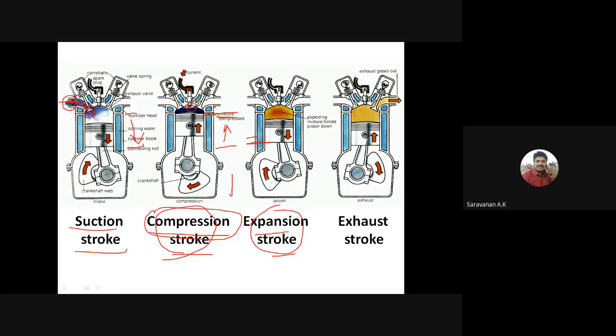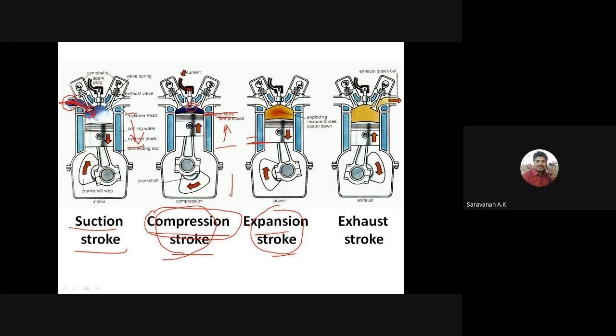Is it clear? So in the suction stroke, the inlet valve is open and the exhaust valve is closed. The air fuel mixture comes through the inlet manifold, and the air and fuel are sucked in by the vacuum created by the movement of the piston from TDC to BDC, right?